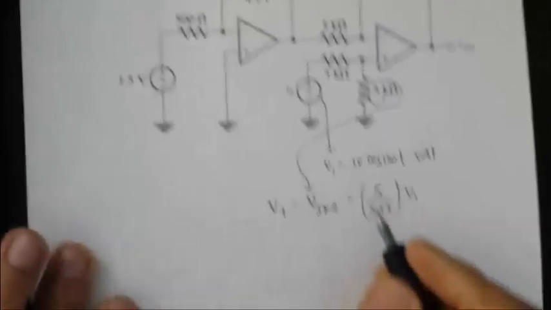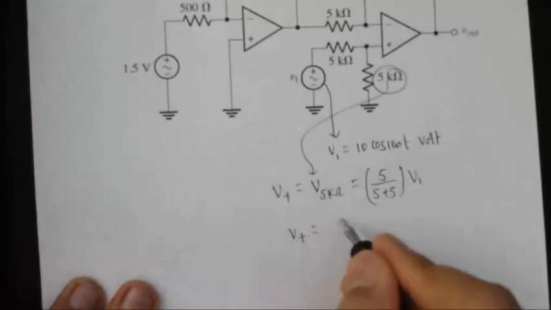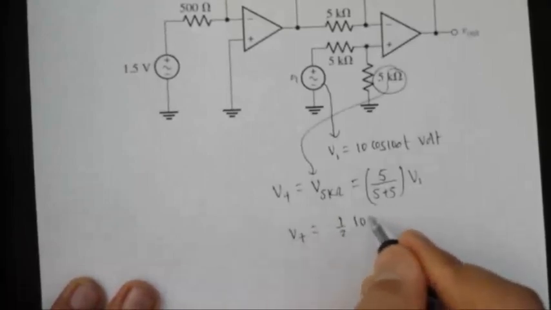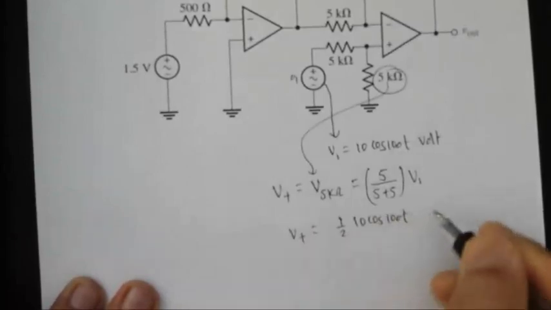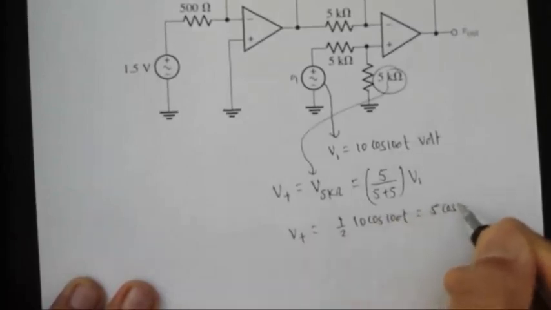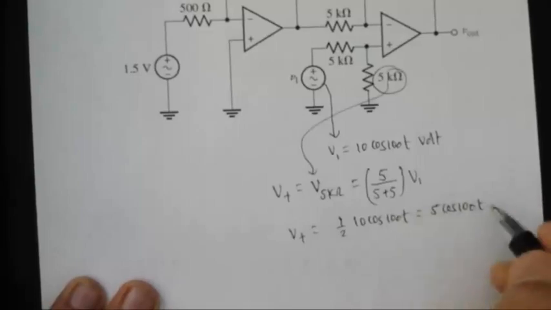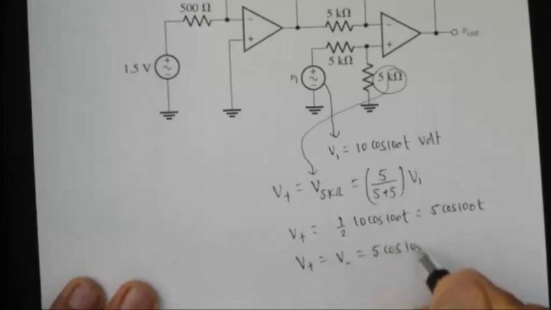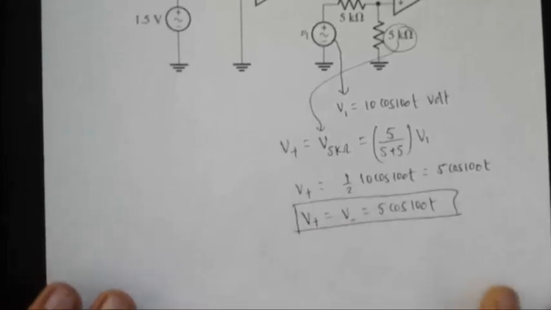So that's 1/2 of V1, which is 5 cos 100t. So V plus is equal to V negative is 5 cos 100t. We're going to need that later.